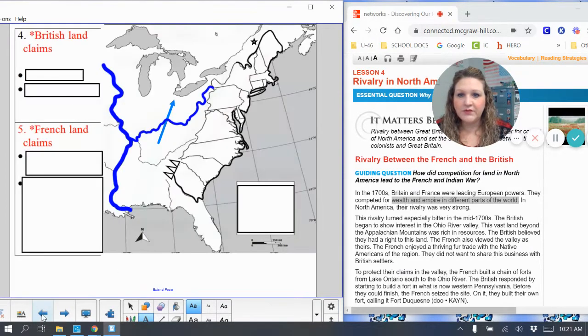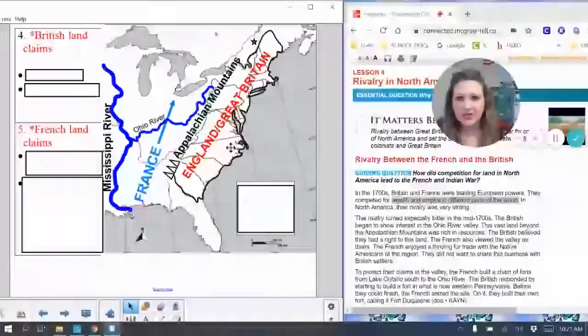So I want to real quick flip back here to the map to show you this again. We have France in this area, right? Here's the Ohio River, here's the Mississippi River, and over here our mountains and English colonies.